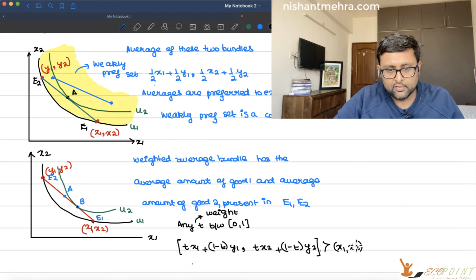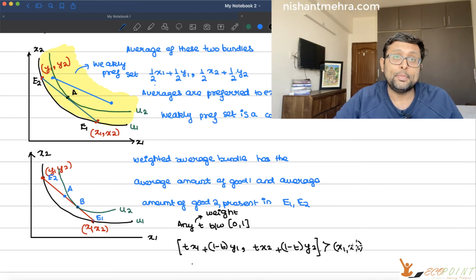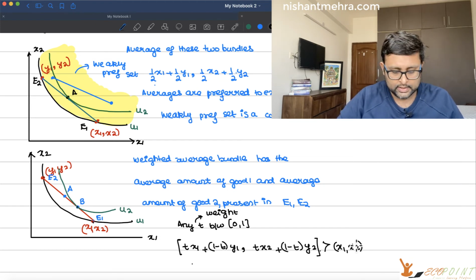So the other thing which I have already told you is that this weakly preferred set is a convex set for these bundles. And a convex set has what property? That you pick up any 2 points on this set and you join those points with a line segment. That line segment will lie entirely within the set. That's one thing.